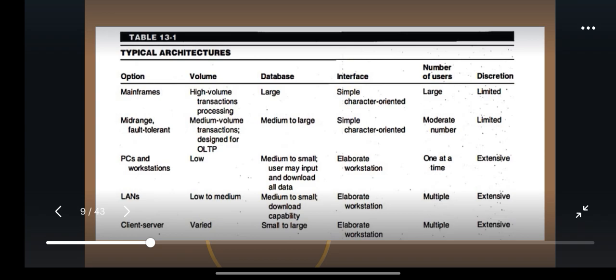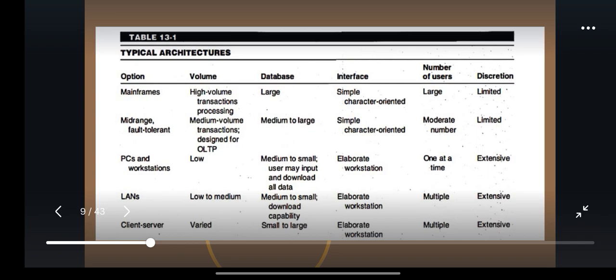The PC's volume is low, while LANs is low to medium, and then client server varies. The database in the mainframe is large, in the mid-range is medium to large, and then the PC is medium to small, and in the LAN it is the same as the PC, medium to small, and then in the client server it is small to large.